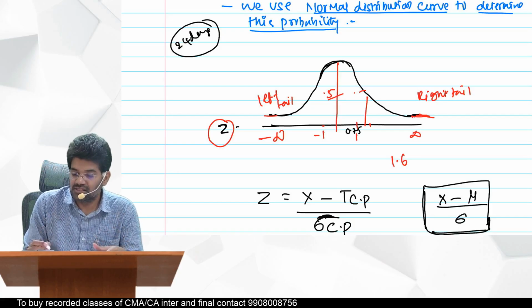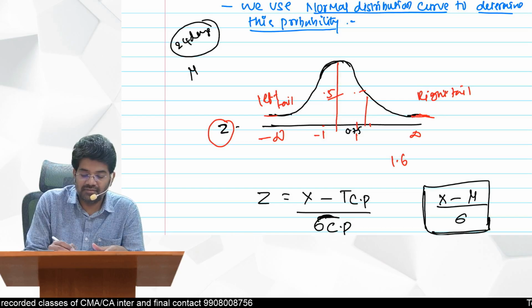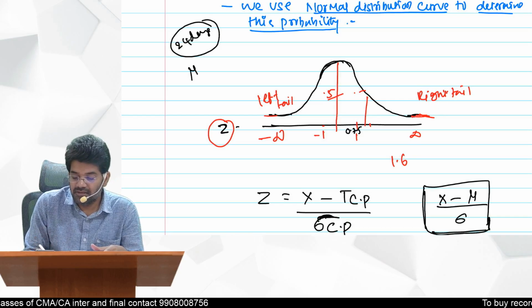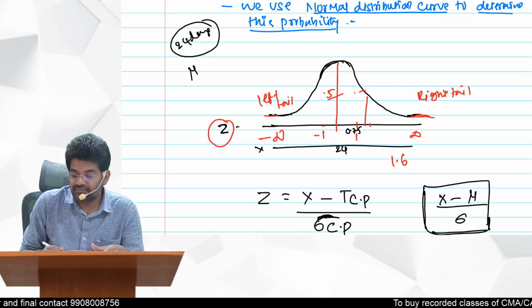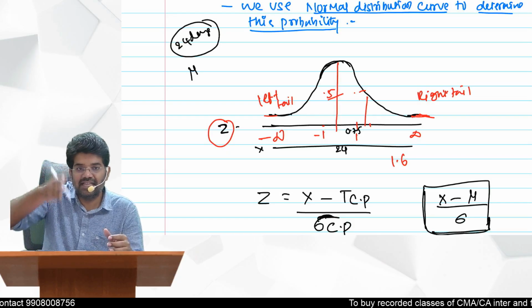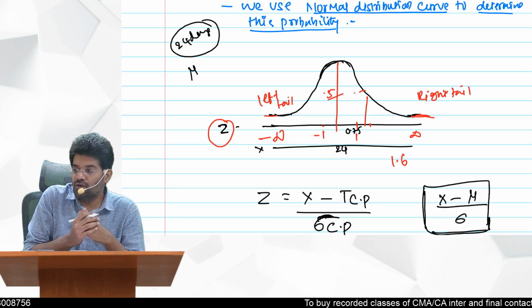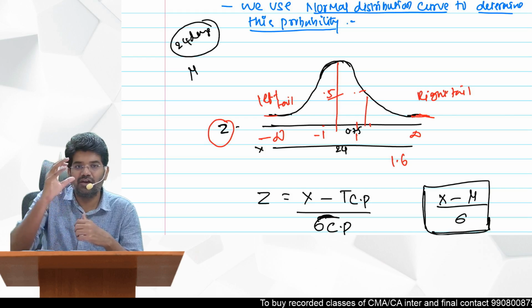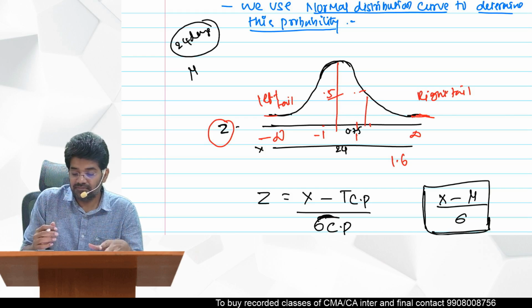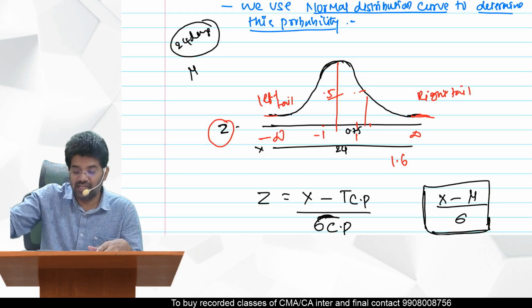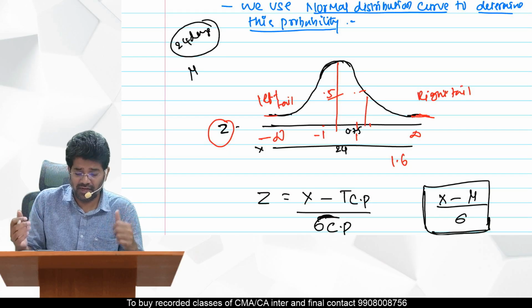It is an average figure, which we can call the mean, represented by mean. So I am taking 24 days here. Okay, X. So this is exactly the mean. Now, if I want to know the probability of this project taking more than 24 days, that I would like to find out.